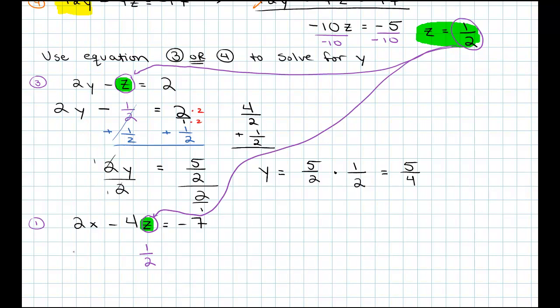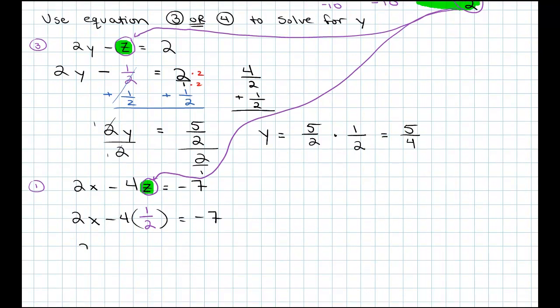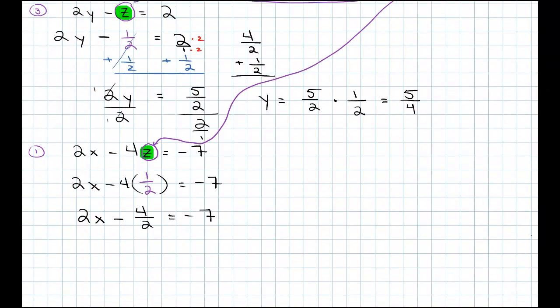Now we're going to have 2x minus 4 times 1/2 is equal to -7. And that'll be 2x minus 4/2 is equal to -7. 4/2 will reduce to 2.